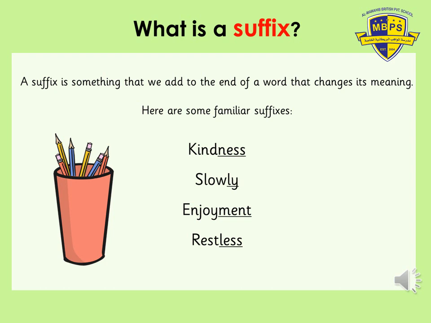Restless. What's the root word? Rest. And what is the suffix? Less. So students, we can see how the suffix changes the meaning of the words and makes new words.